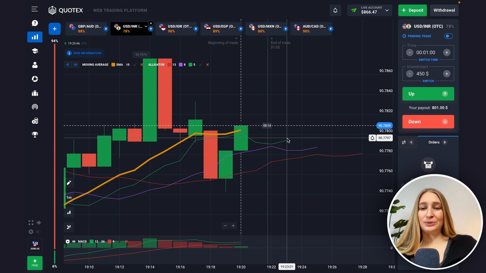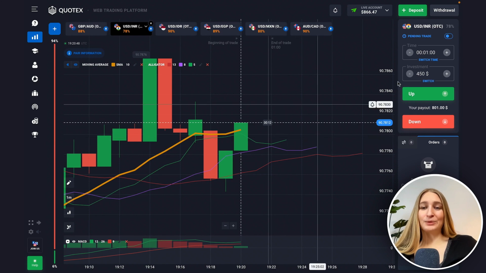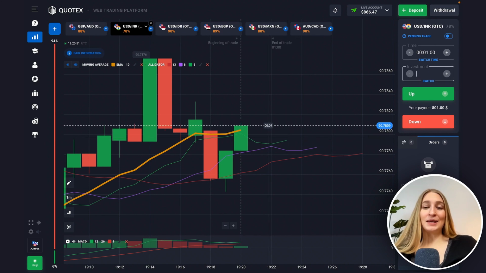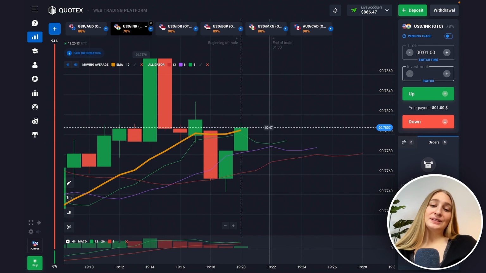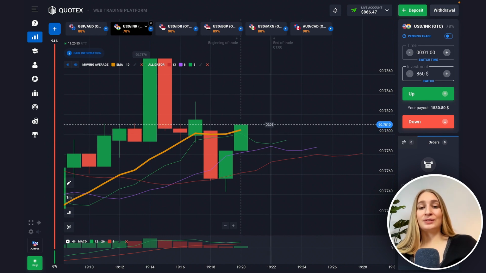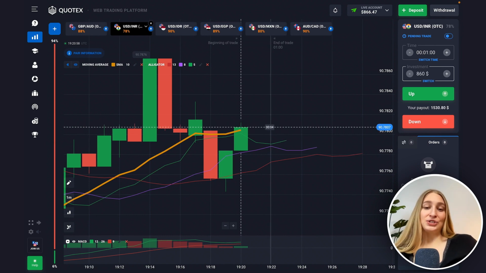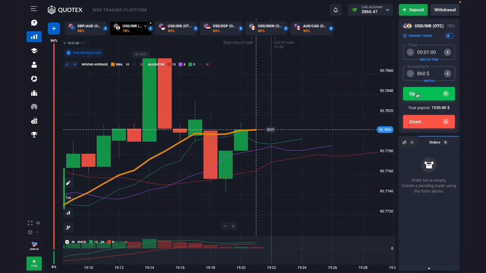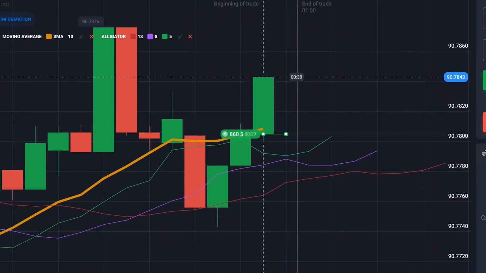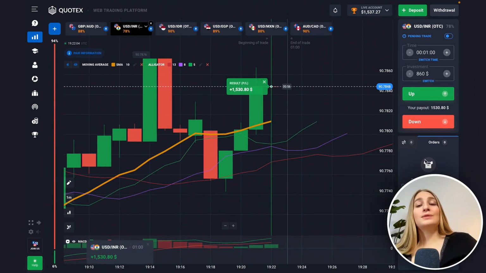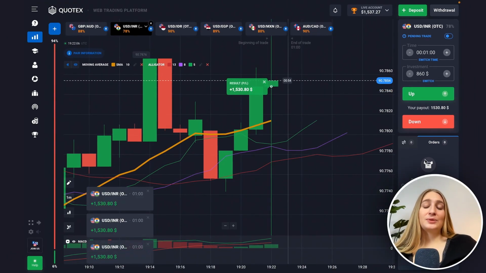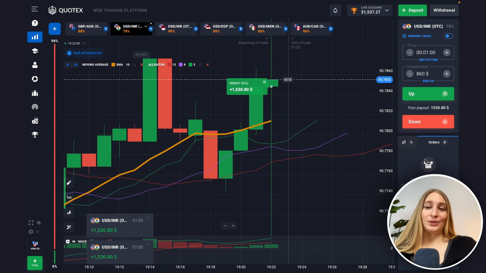So I think I will make a trade right away here, like $860 will be good enough. And let's check the situation with greens. So guys, I'm here with my first $1,000.